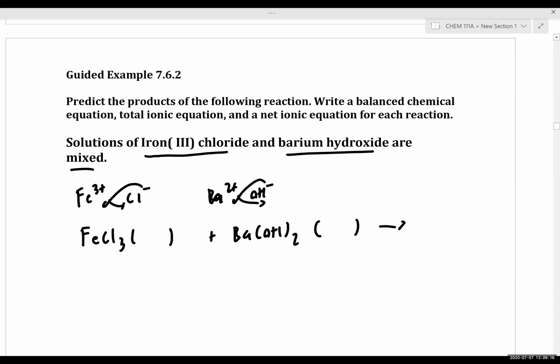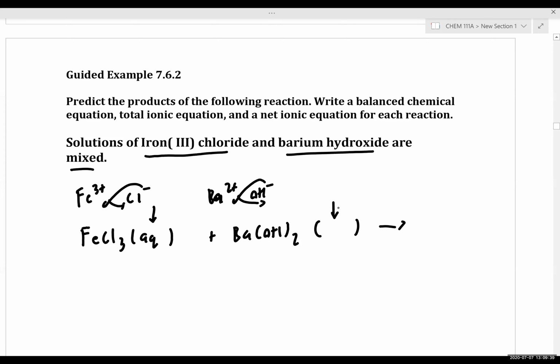Okay, now what is the state symbol for iron 3 chloride? So metal chlorides, are they typically soluble or insoluble? Soluble, so we put an aqueous symbol. Barium hydroxide. So hydroxides in general are insoluble.